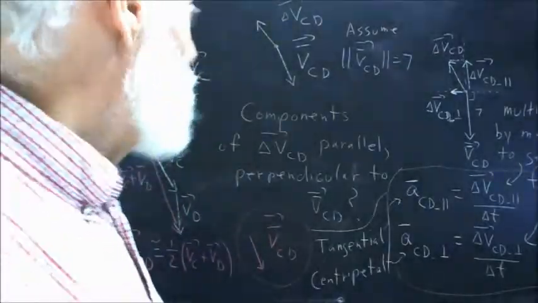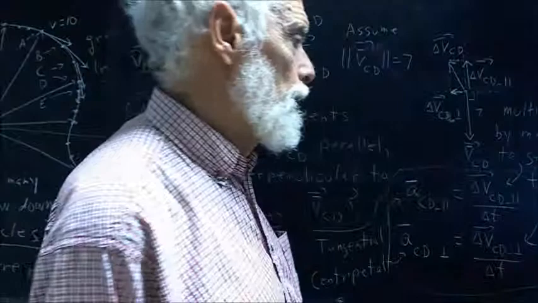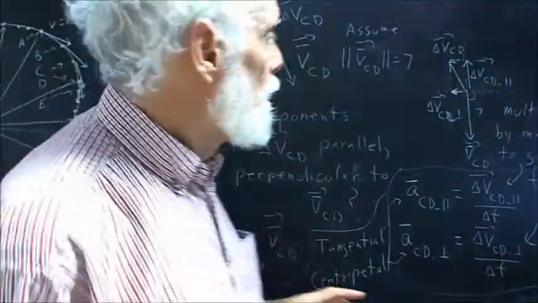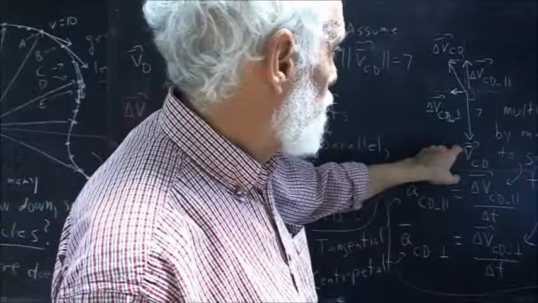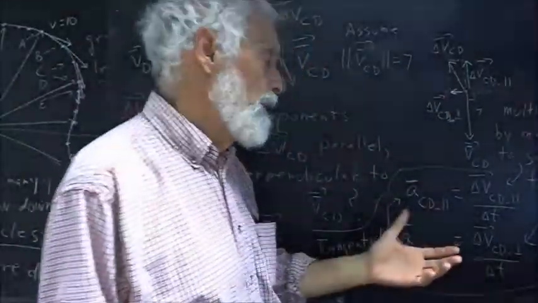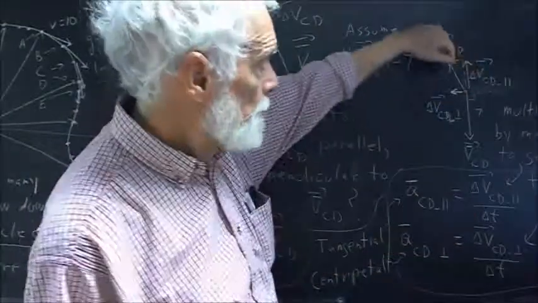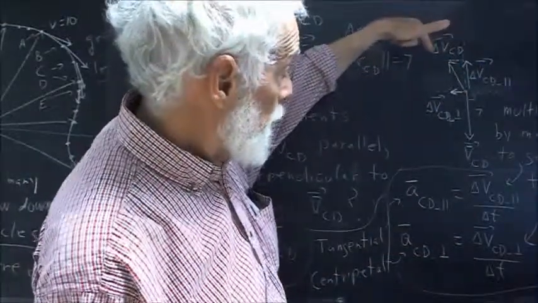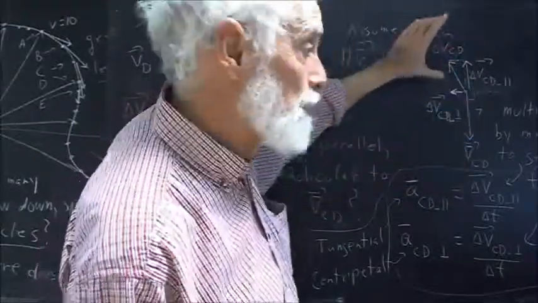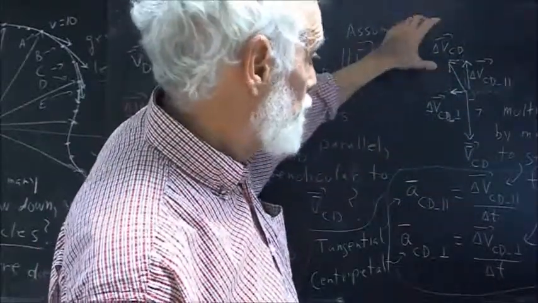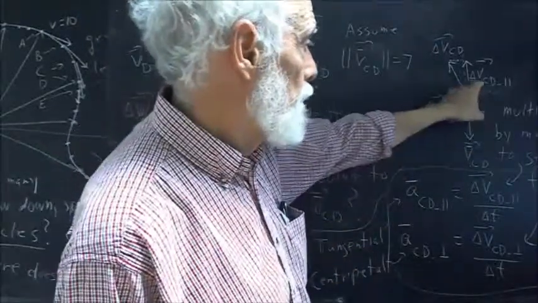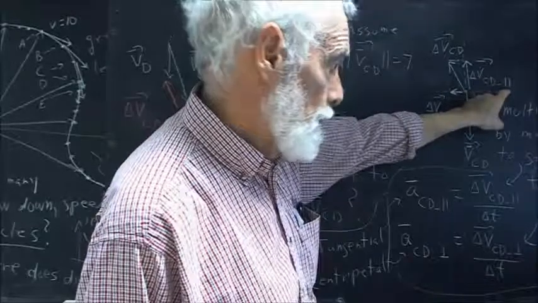I sketched another picture over here that doesn't exactly match this one, but you get the idea. So we've got our average velocity vector here, our change in velocity vector here. How do we get the components? Well, we project the change in velocity vector on the average velocity vector, and we get the change in velocity parallel.